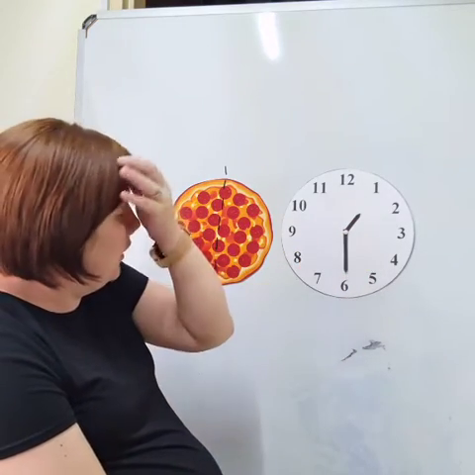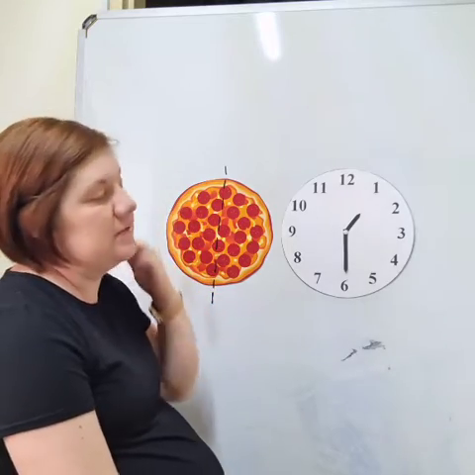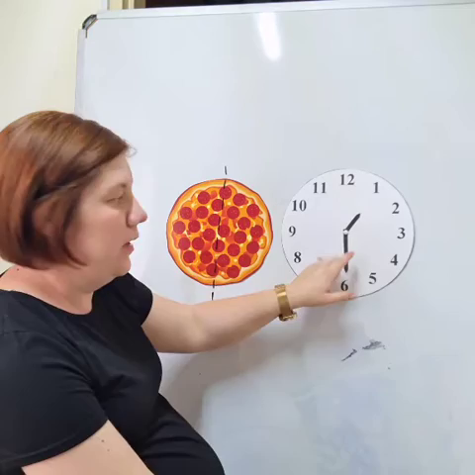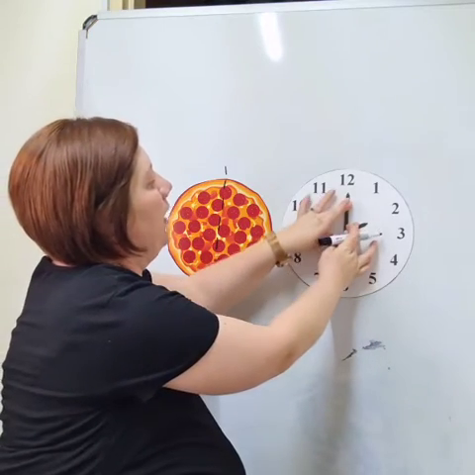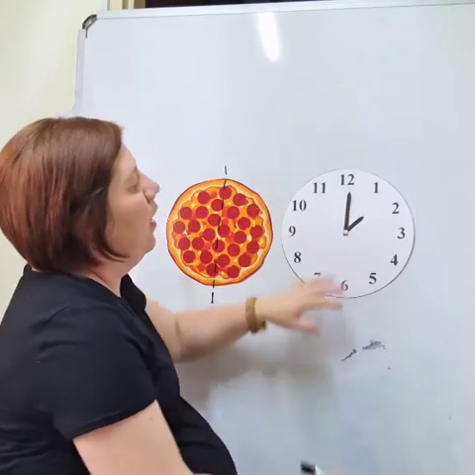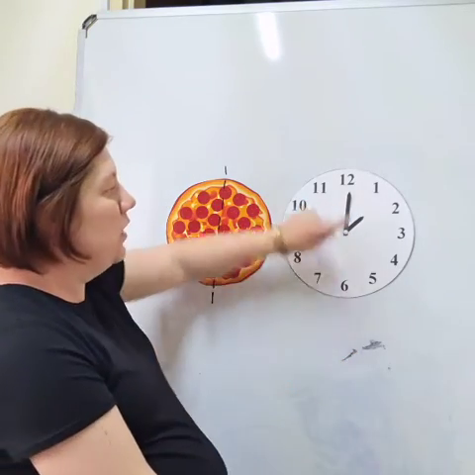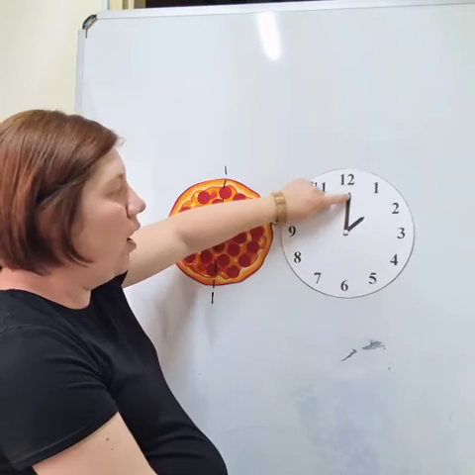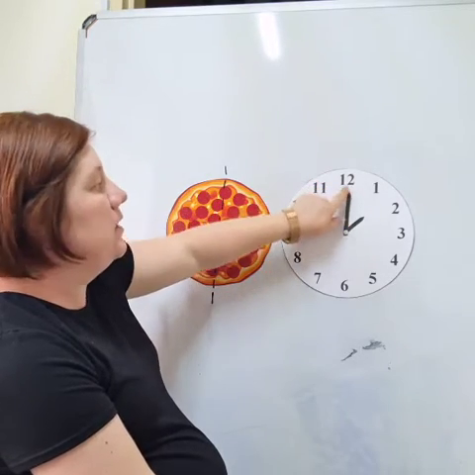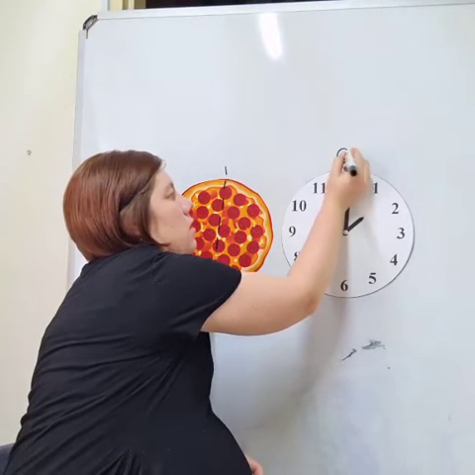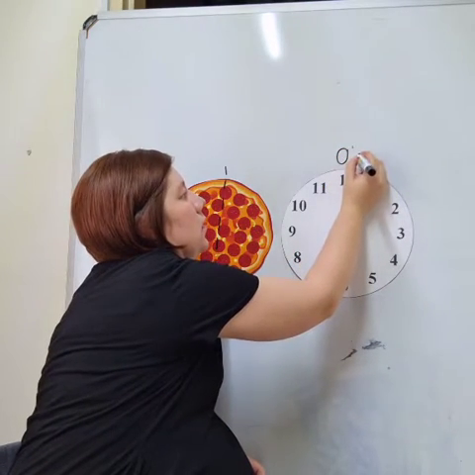Now, we've learned previously in the previous lessons that when the minute arm is on the 12, say for instance like that, we call this o'clock. So when the long arm or the minute arm is on the 12, we call it o'clock.